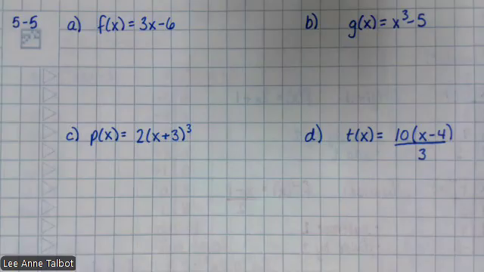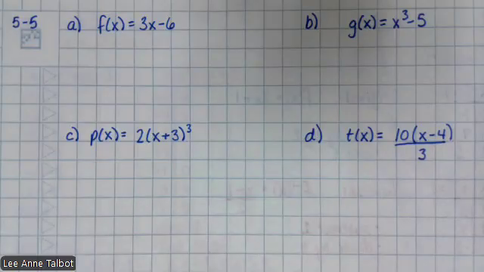Okay, this is what I want you to do. Are you ready? Okay. I want you to list the steps of the original in bullet points. List the steps of the inverse in bullet points and write the inverse function.